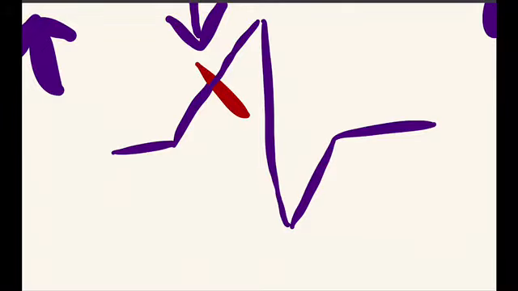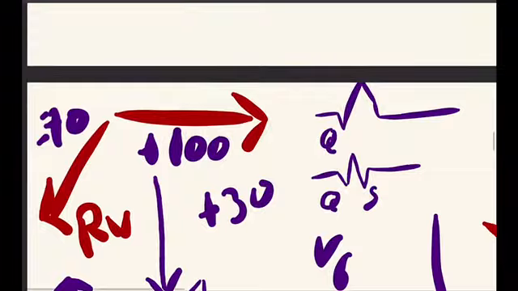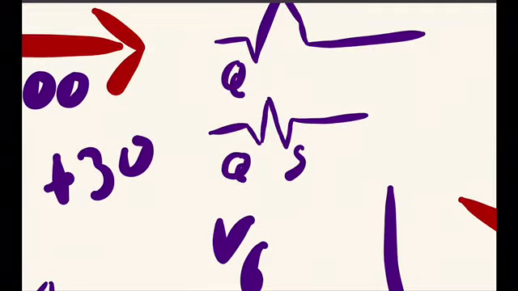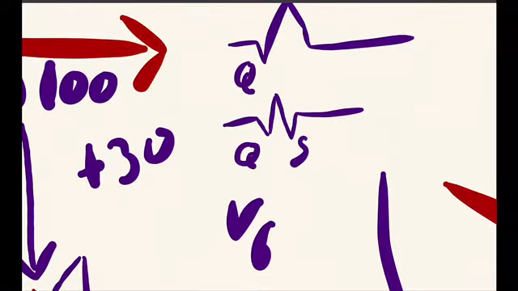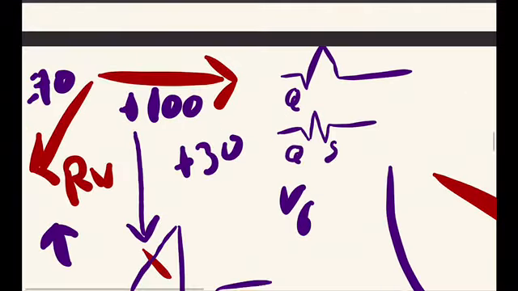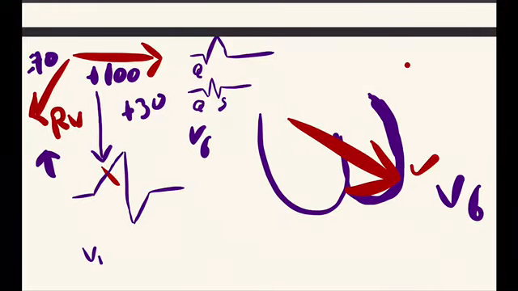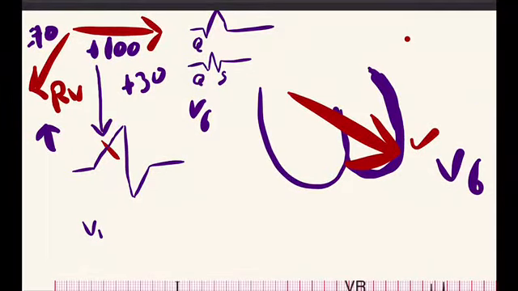Also, this pattern is seen in the V6 lead, the QRS complex, while the magnitude of the R wave will be less here. So this was the basic concept behind right ventricular hypertrophy and left ventricular hypertrophy. I hope you now understand the concept behind this.